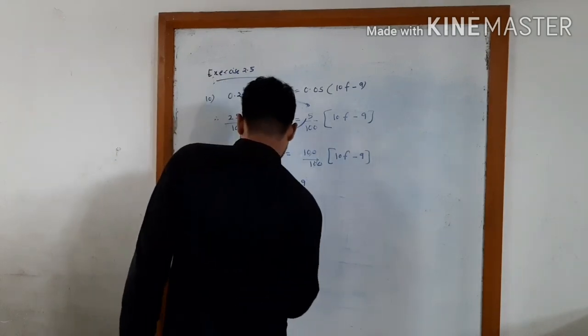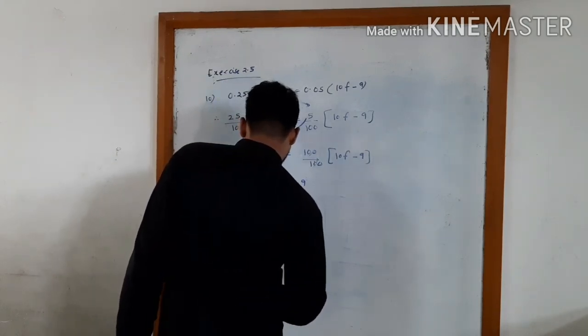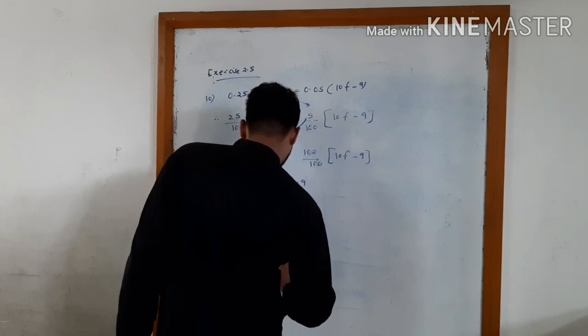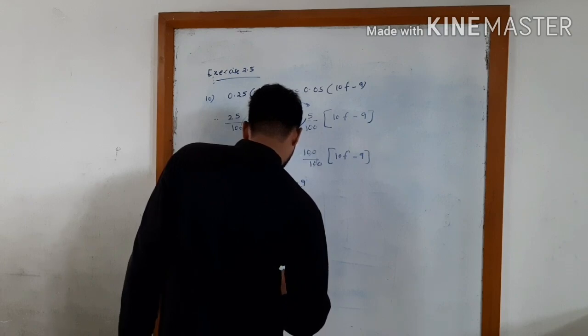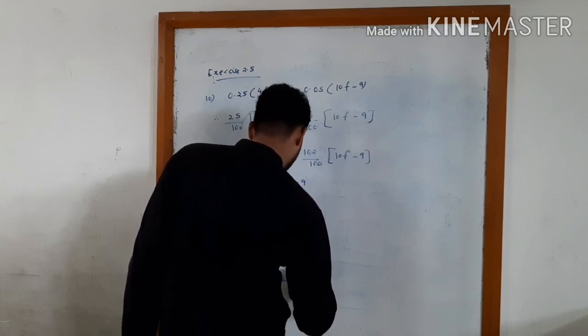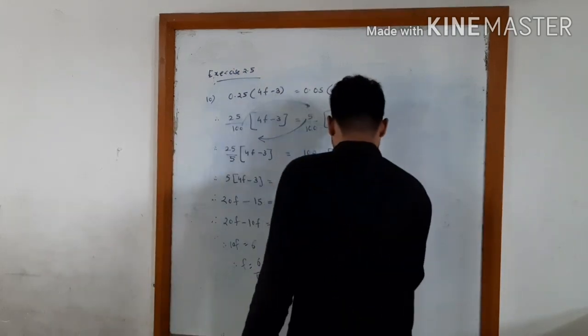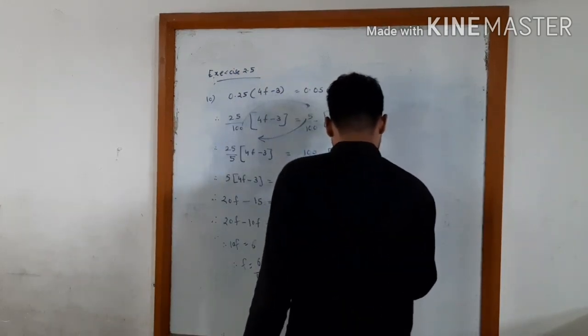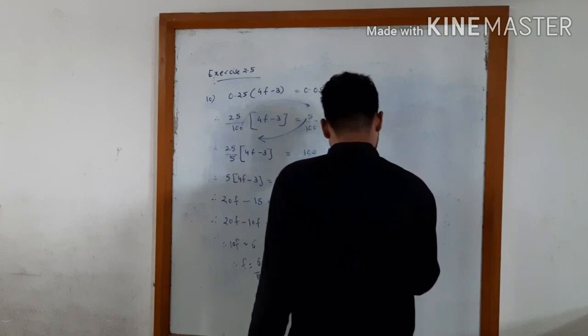So 6. Therefore f is equal to 6 by 10 is equal to 3 into 2 upon 2 into 5 is equal to 3 by 5. So therefore f is 3 by 5.